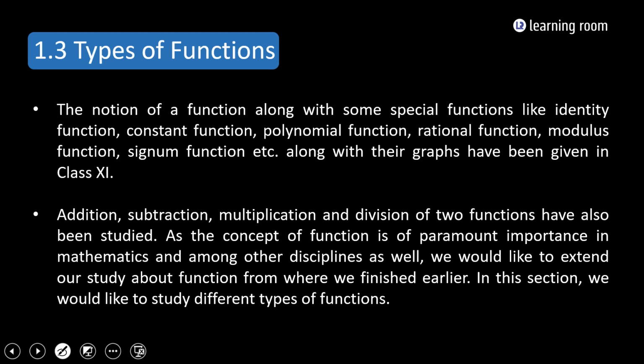Functions are special types of relations where every element of set A is associated with a unique element in set B.